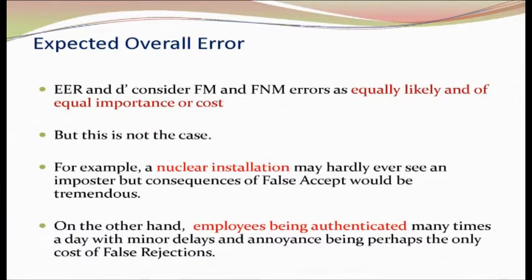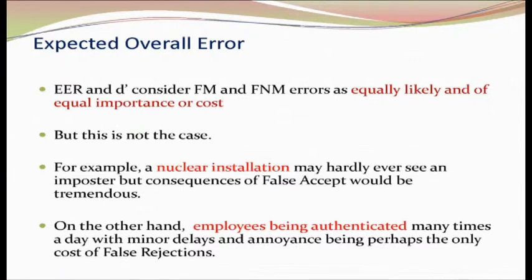What do you mean by cost? Cost means that making a false acceptance has some value. Suppose in a nuclear plant I allow somebody falsely, it has a tremendous effect, because then he may create havoc in the nuclear plant.